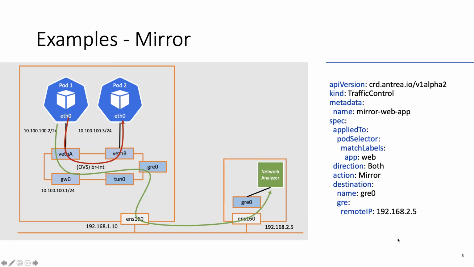Yeah, in that case, I was going to ask the question: have we entertained the option of having the destination as a separate CRD itself? I feel like there's enough information for it to be a standalone resource.